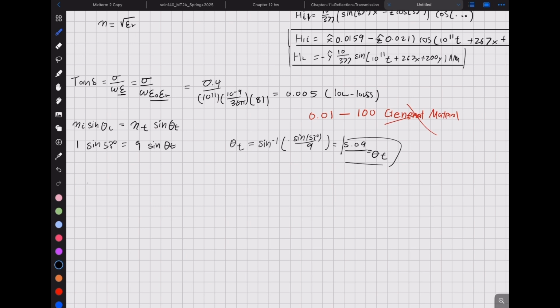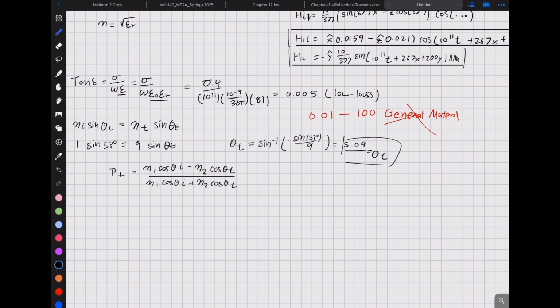Okay, so gamma perpendicular is given as n1 cosine i minus n2 cosine of t, and on the bottom is going to be the same thing plus n2 cosine of t.